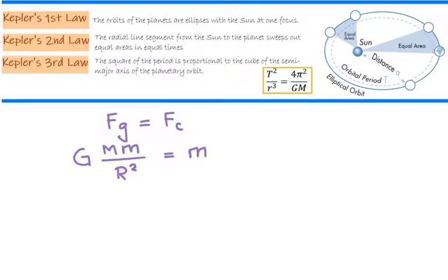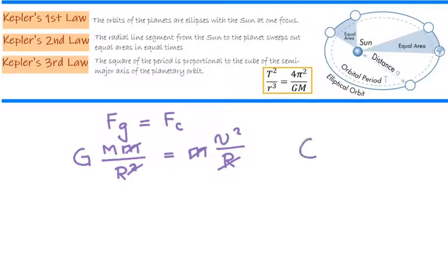The lowercase m is the mass of, let's say, Earth, and big M is the mass of the sun. So from here I can see that r and r can be cancelled, and m can be cancelled.